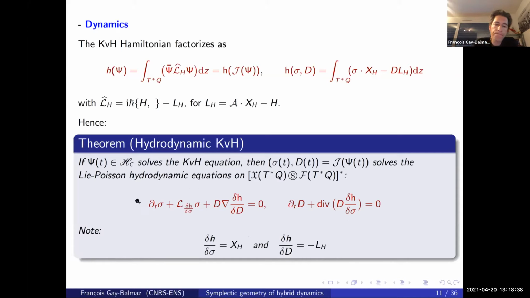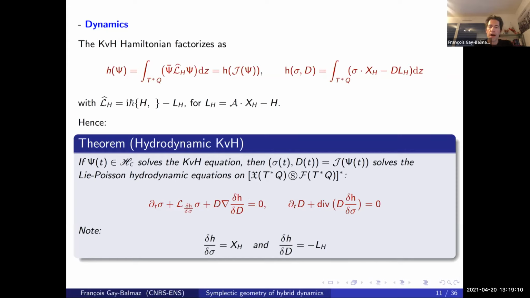So the first component is this hydrodynamic equation, the fluid momentum equation, and this is the density advection equation. So here it's a Lie derivative term acting on the momentum. dH/dsigma is the velocity of our system. And here you have the contribution of the dependence of H on the density D. So you have this formula.